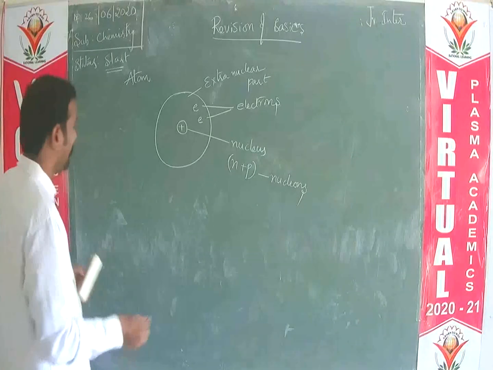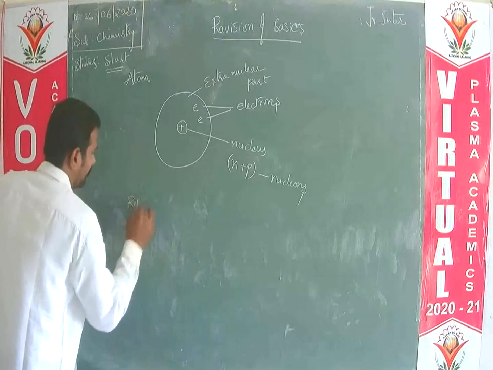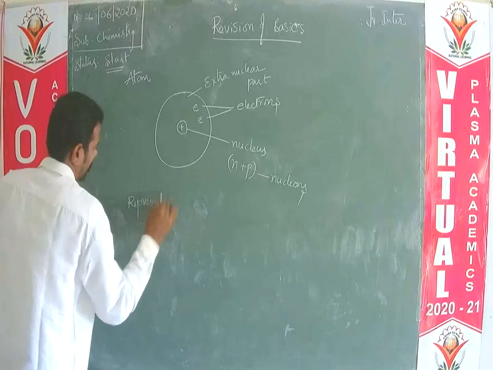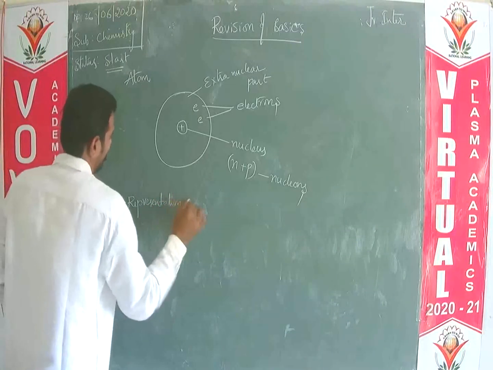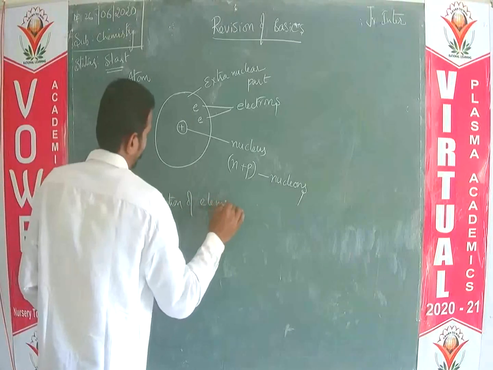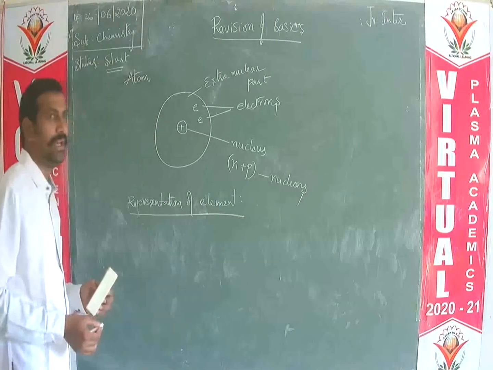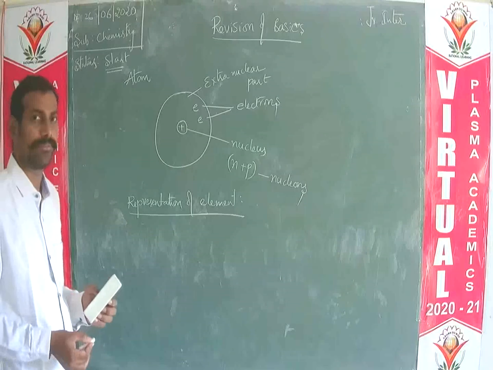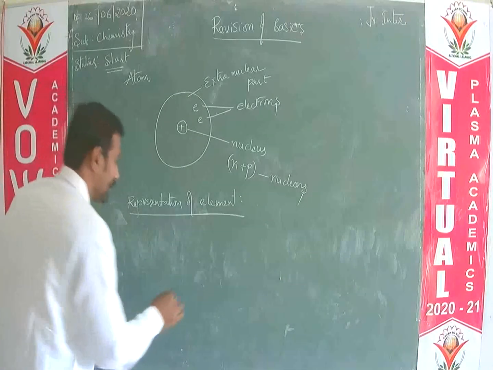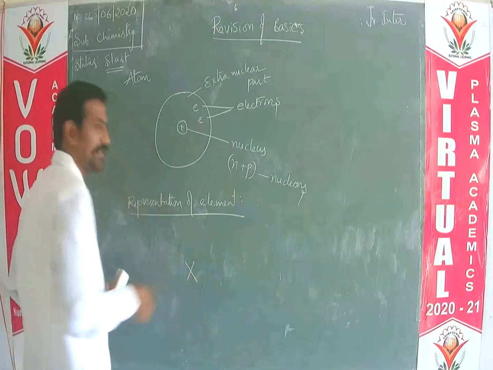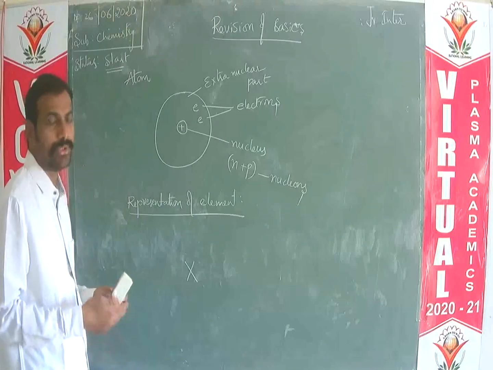Next one, representation of element. For example, I want to represent the element carbon. Generally, you assume this X is the symbol of the element, what you are going to represent.